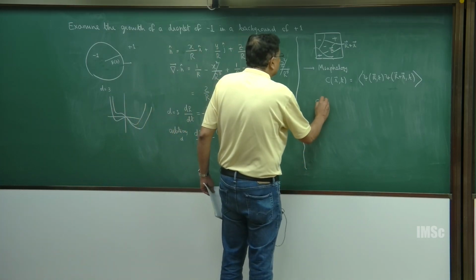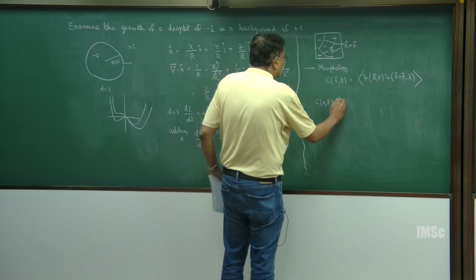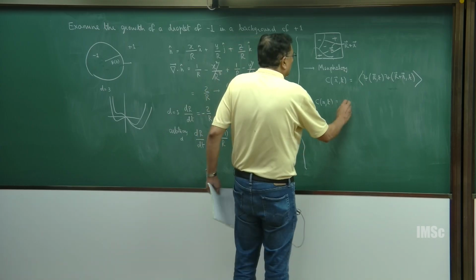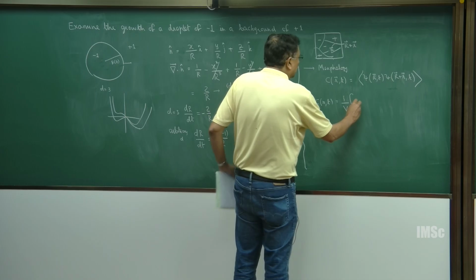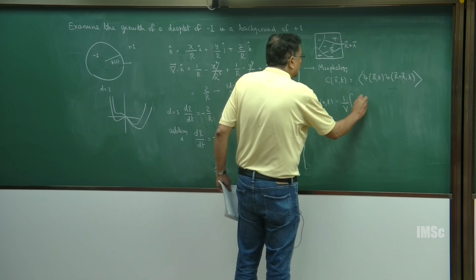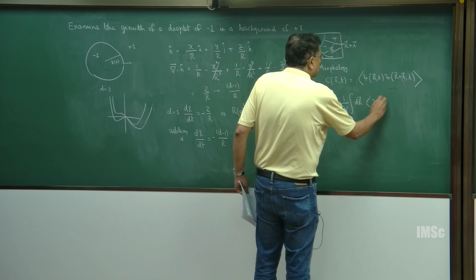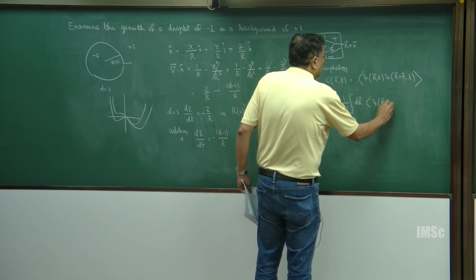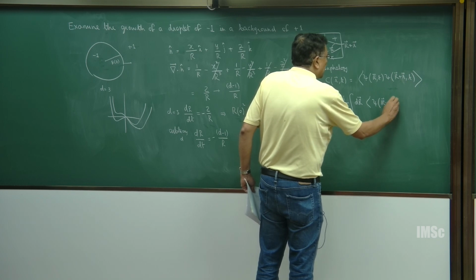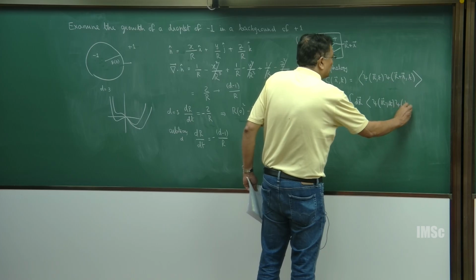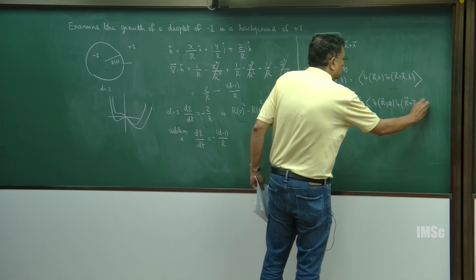So you're looking at C(r,t), now only the magnitude, which is equal to 1 over V, an integral over the starting point dr, psi(R,t) psi(R plus r,t).